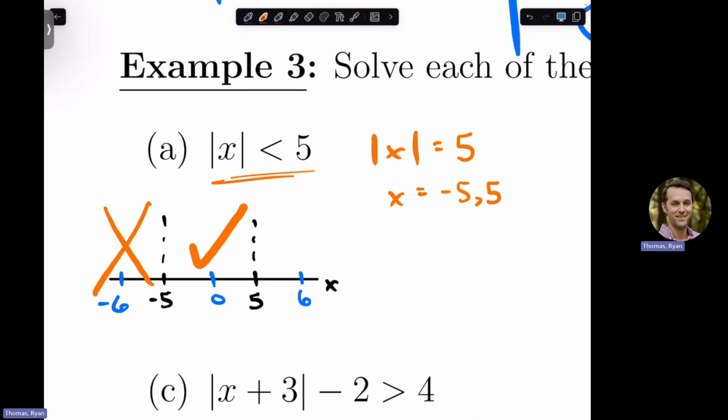Zero and anything in between -5 and 5 is going to satisfy that inequality.